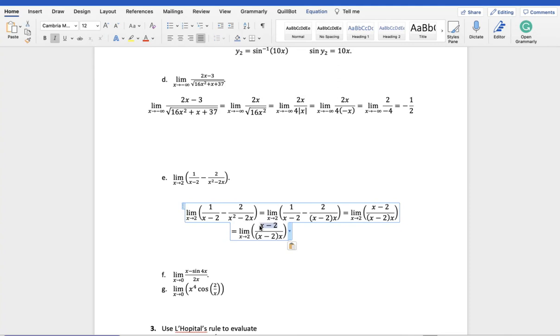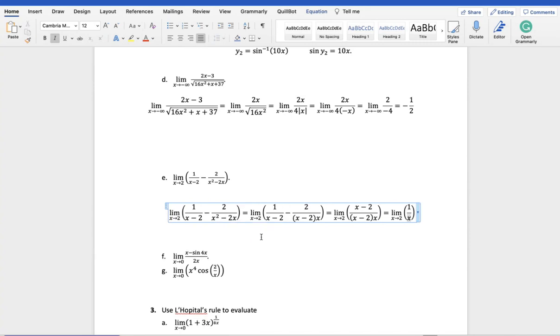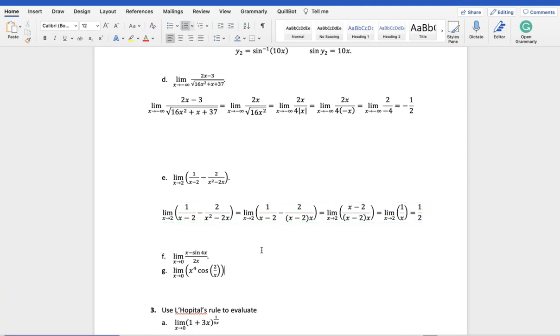So when you simplify, you have 1 left in the numerator divided by x in the denominator. So as x tends to 2, you'll have the limit tending to 1 over 2. Any questions there?